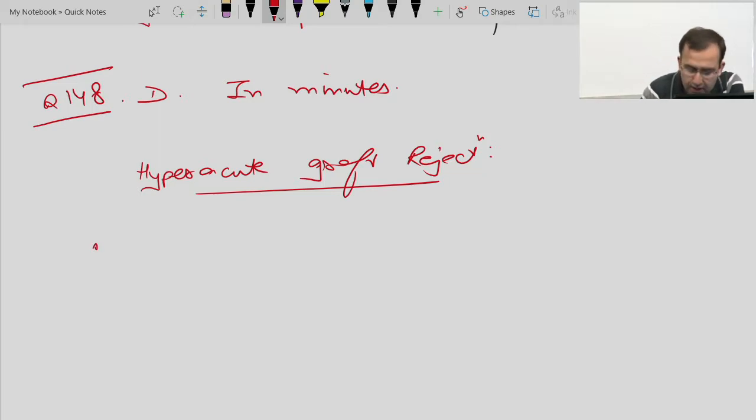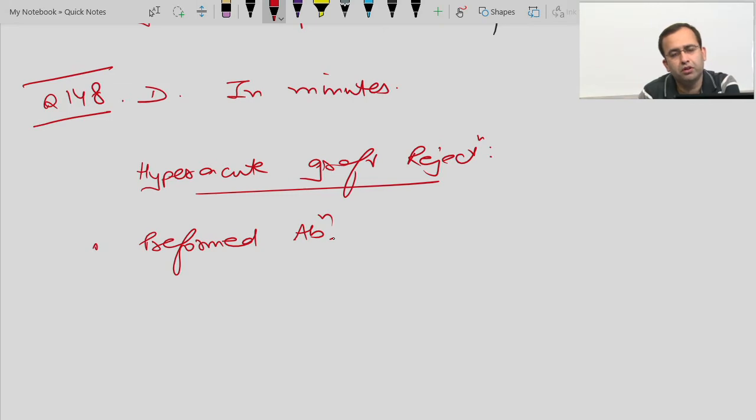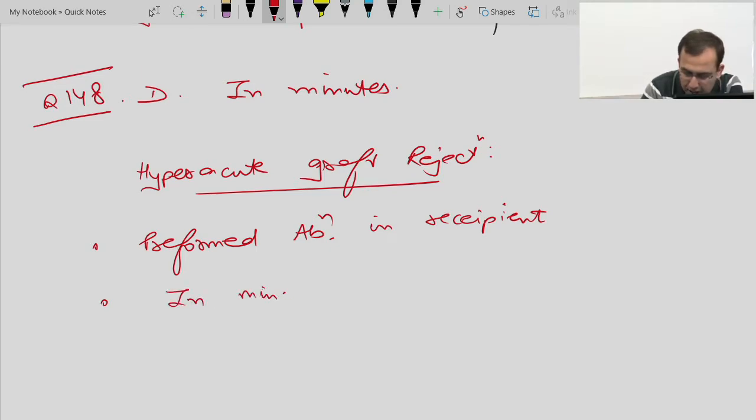First point, why does hyperacute graft rejection occur? Because of preformed antibodies. This occurs because of the presence of preformed antibodies in the recipient. I took the graft, my body rejected it, so I had preformed antibodies against the donor in the recipient. That is hyperacute graft rejection, seen within minutes of receiving the graft.